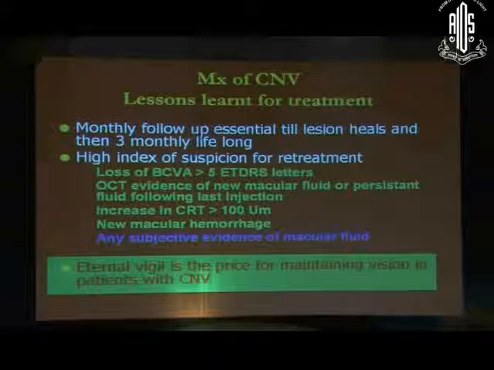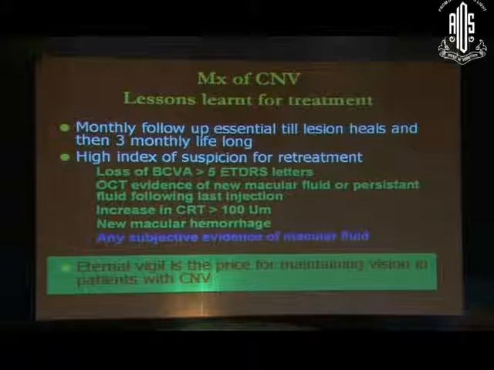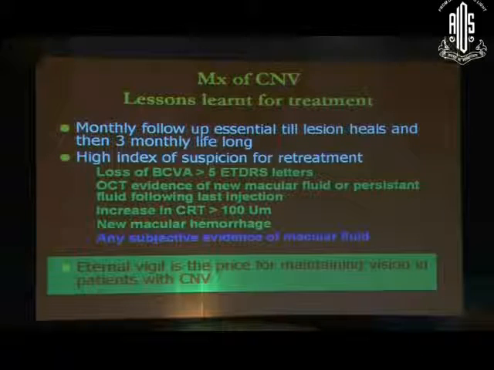Any loss of best corrected visual acuity of more than 5 letters, any OCT evidence of new macular fluid or persistent fluid following the last injection, any increase in the central retinal thickness by more than 100 micron, any macular hemorrhage which is new, and any subjective evidence of macular fluid.